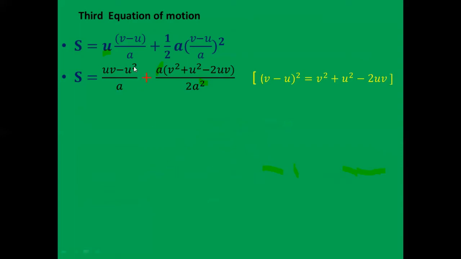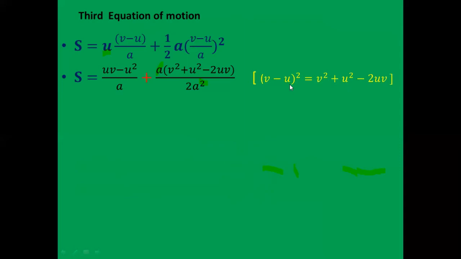So s is equal to uv minus u square by a. This u into v becomes uv, minus u into u, u square, by a, plus this a. Here we can write (v minus u) whole square, it is like (a minus b) whole square. (a minus b) whole square is equal to a square plus b square minus 2ab.